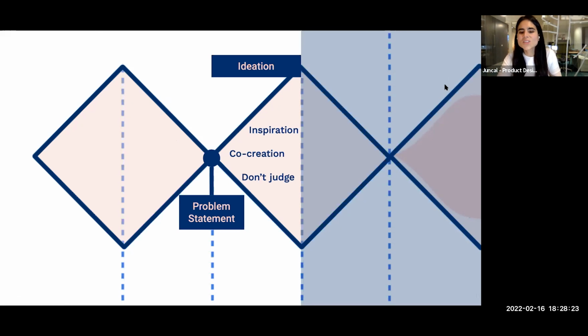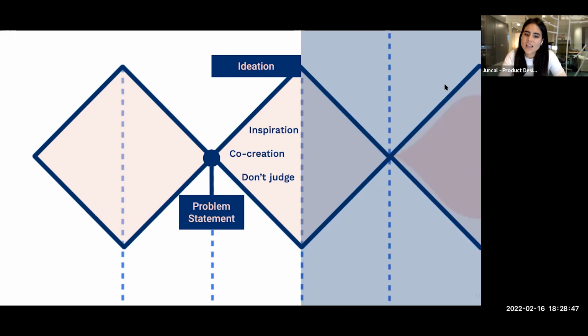Because as we mentioned already, we're facing wicked problems that can have multiple solutions, and they don't have a right or wrong solution, right? There's only solutions that work or don't work. So we should have this kind of mindset of trying to find the solution that will solve the problem, that works for the user, and that we can build.